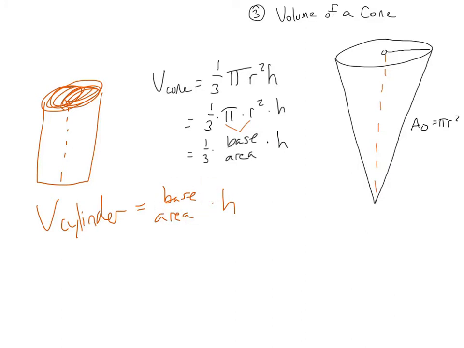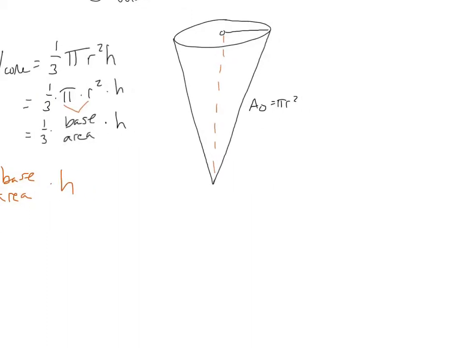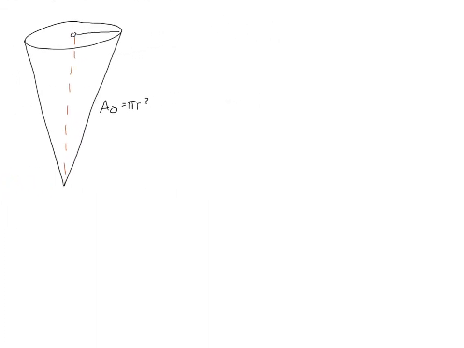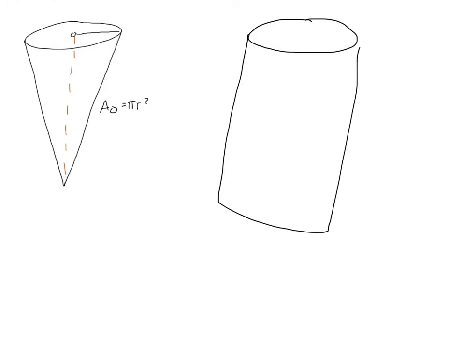So actually, we have the same sort of thing we had with the sand and the pyramid. If you had a cylinder, and it had the same base area as a cone, we'll call that B for base area on both, so those would be the same. And it also had the same height.